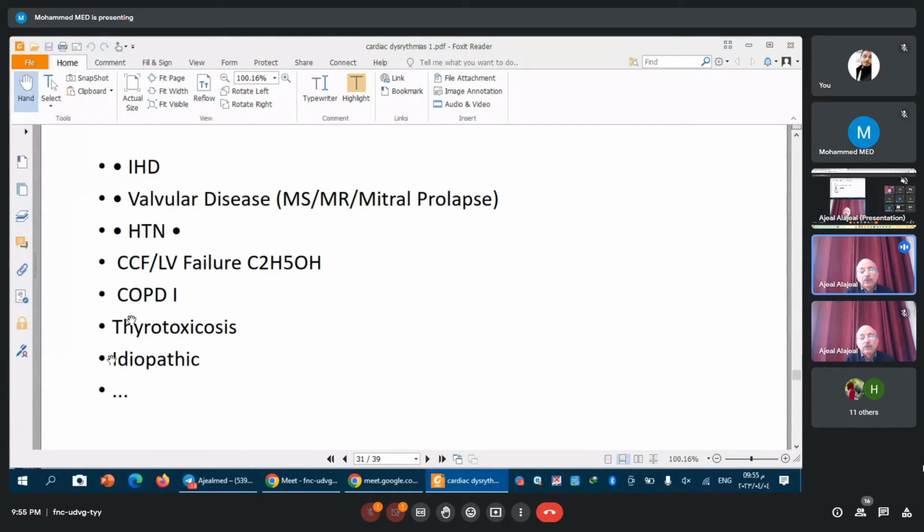No cause is found. Idiopathic is the most common of all. Congenital heart disease is mentioned here, but again, it is common, particularly atrial septal defect. The commonest of congenital heart disease to cause AF is atrial septal defect. Next.